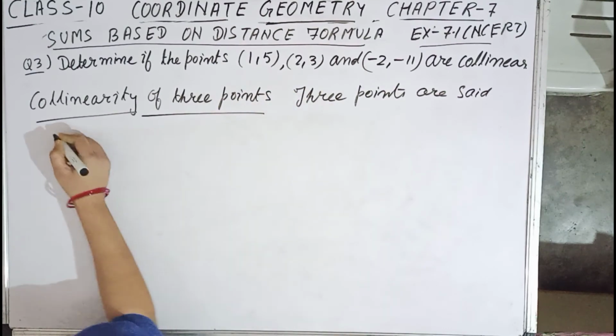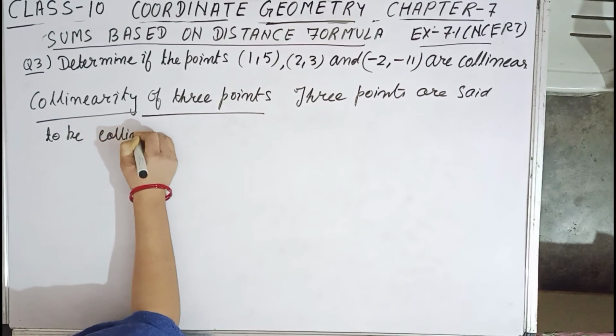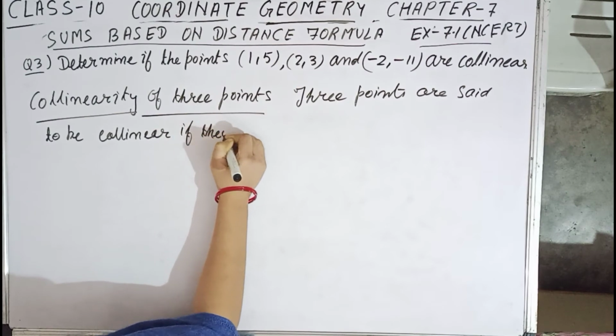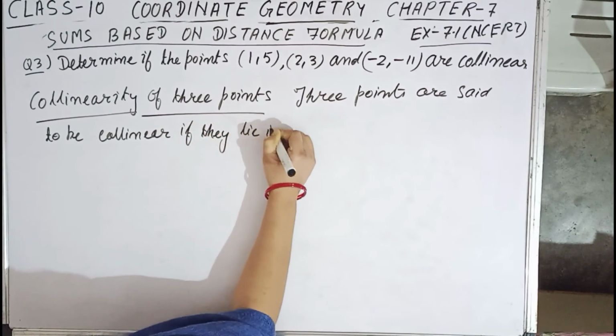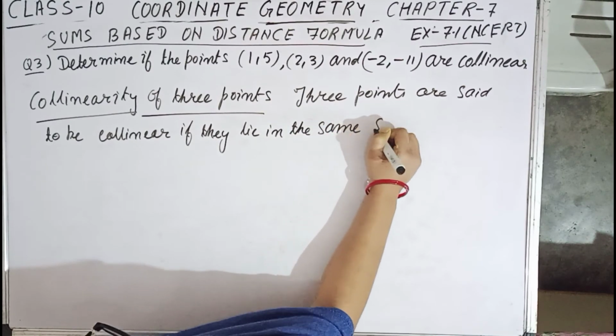So 3 points are said to be collinear if they lie on the same straight line.